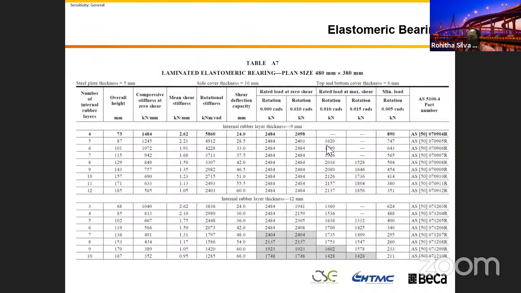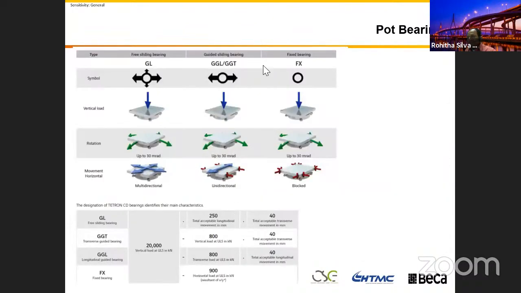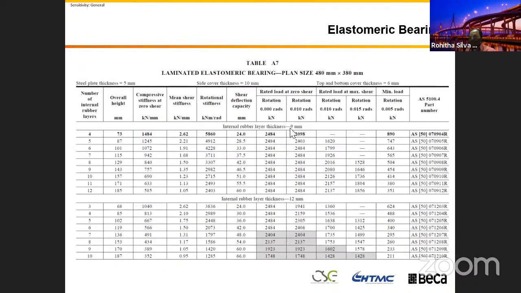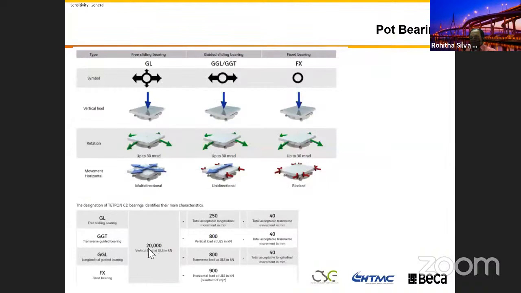I have some examples for you. Elastomeric bearing, beg your pardon, you can go up to 2,500 kilonewton. But if you go to pot bearing, you can go up to 20,000 kilonewton.